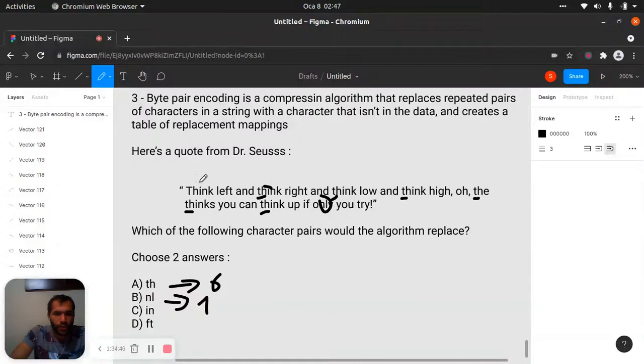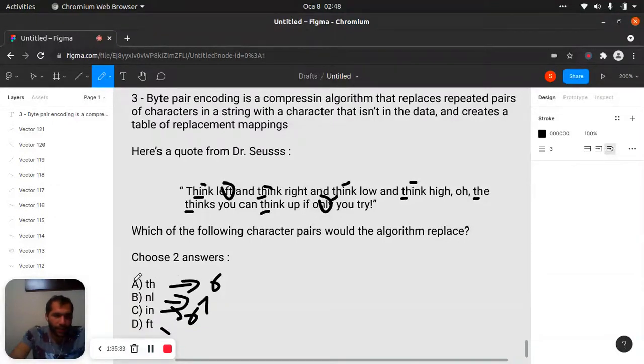One, two, three, four, five, six. I think six times it is recurring. This one is six. And the last one, "ft", is just recurring one time. Where is it? Right here.